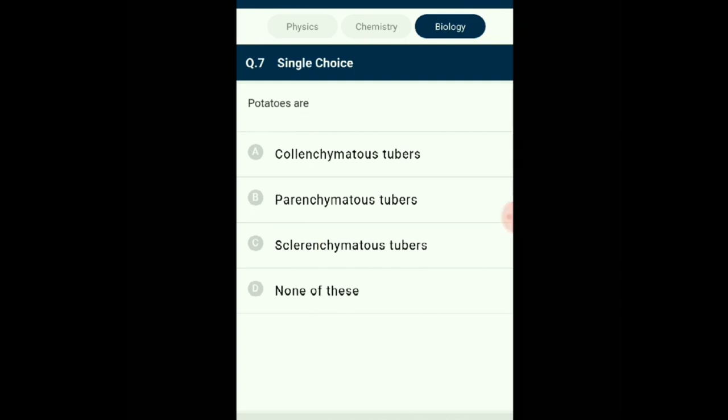Chloroplasts are organelles that carry out photosynthesis. The sugars are converted into starch, fats and oils and stored in other parenchyma cells in the stems and roots. Potatoes, for example, are tubers that are starch-storing parenchyma cells. So the answer is option B, parenchymatous tubers.